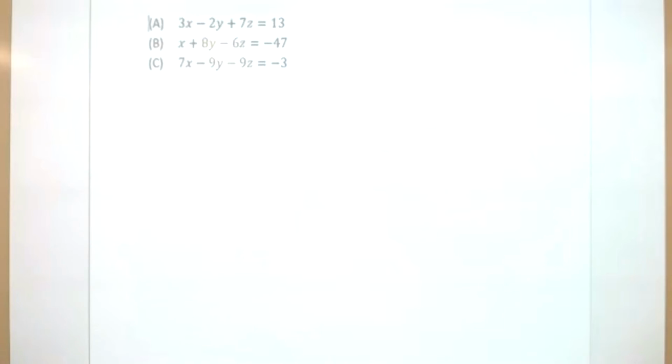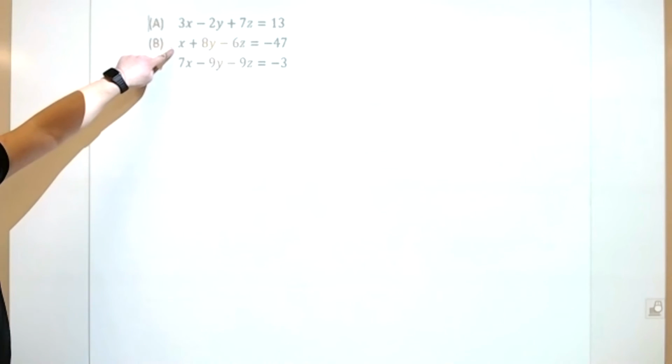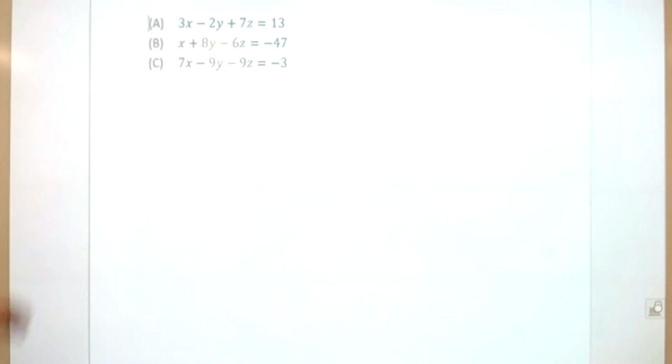Okay, so phase 1, I need to pick 2 equations, and I need to pick a variable to eliminate. Now, what I really like right off the bat is I see that this x is a lone x, just a single x. And I like that because that tells me I can multiply equation B by whatever I need to in order to match the coefficients of x in the other equations.